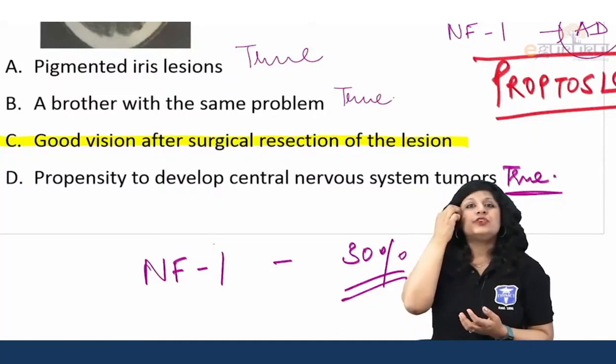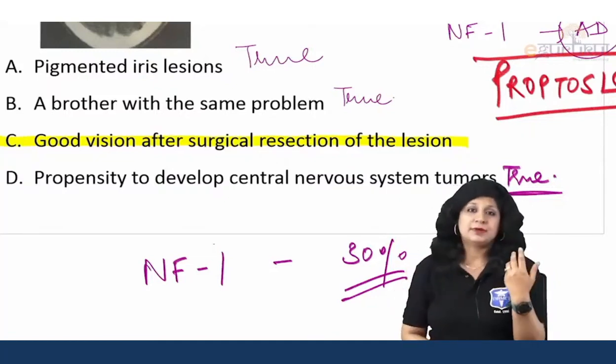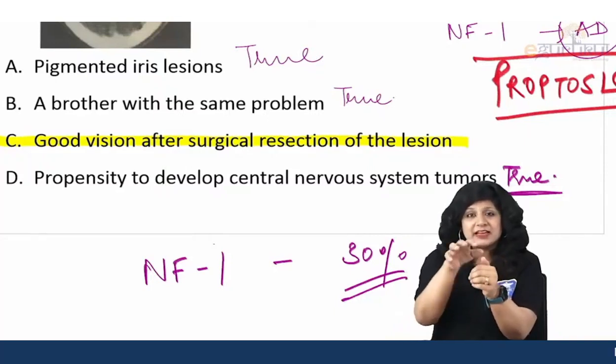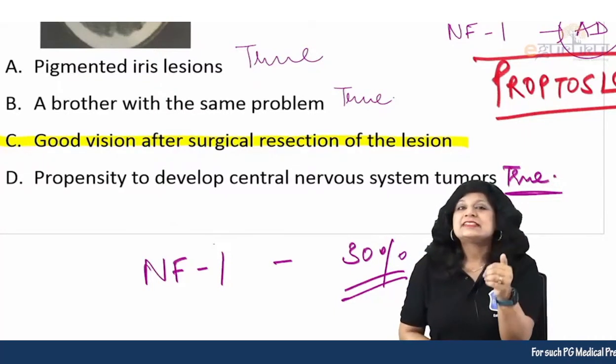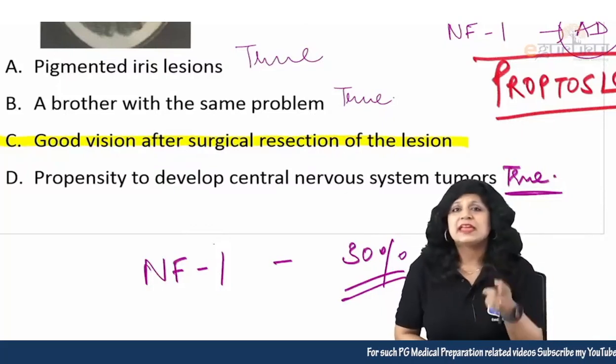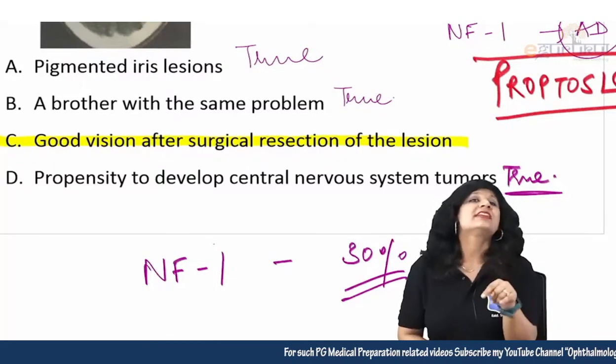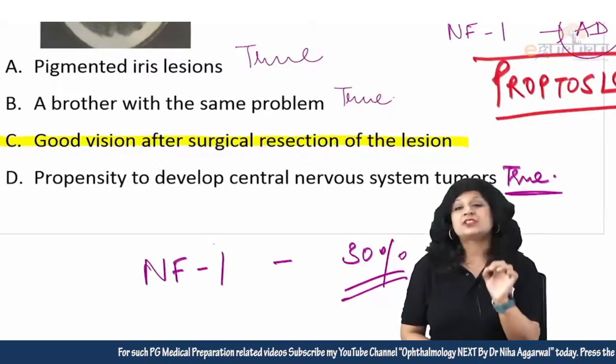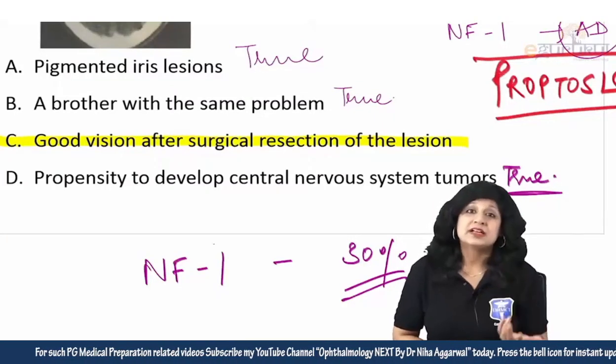So when we try to treat it, we have to remove the optic nerve. There is no option where I can just save the optic nerve and remove this tumor. That is the reason we try to postpone the surgery to the last as much as we can, because there is no way that we can save the optic nerve. So, obviously, one cannot have good vision after the surgical resection of the lesion, a very important aspect.